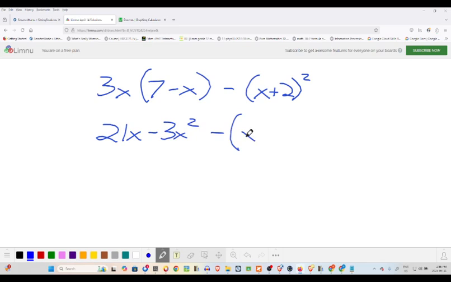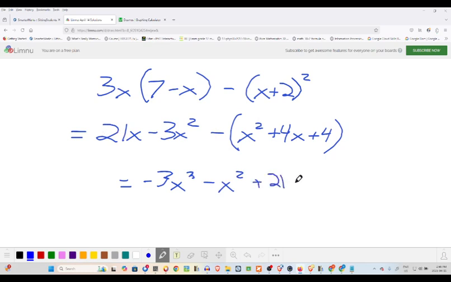Product of perfect squares form. We could jump to our final factored form if we have that memorized, as I've been recommending. So we have a negative 3x squared. We have another minus x squared from here. And we have a 21x outside minus the 4x from inside the brackets.